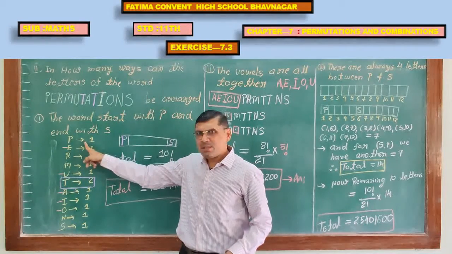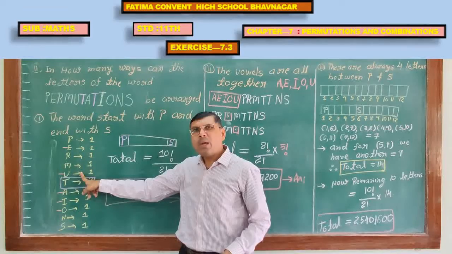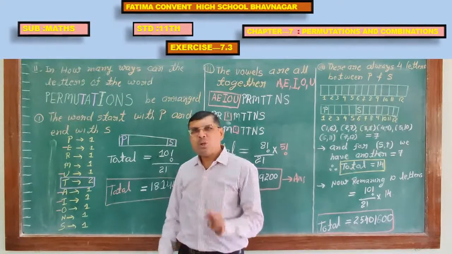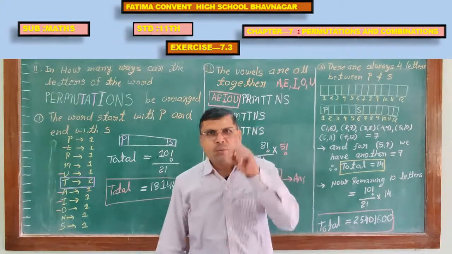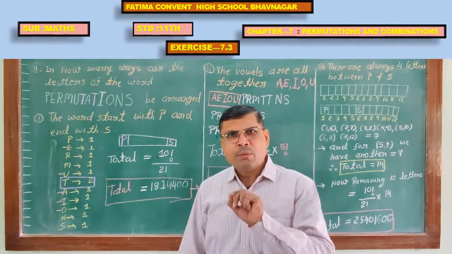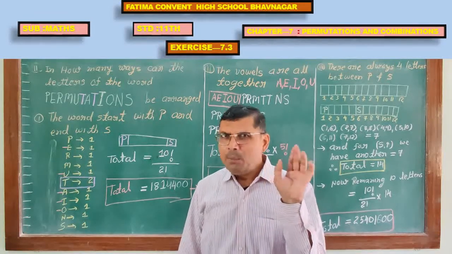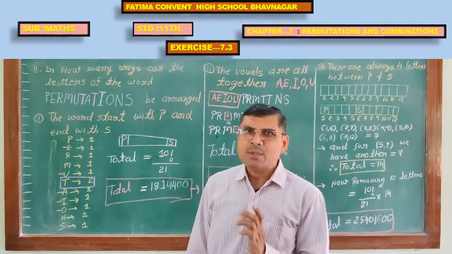P is coming once, E, R, M, U. Actually, only T is coming 2 times. Remaining are not repetitive. So whenever you are calculating, keep this in your mind. You have to divide by 2 factorial because T is repeating 2 times.